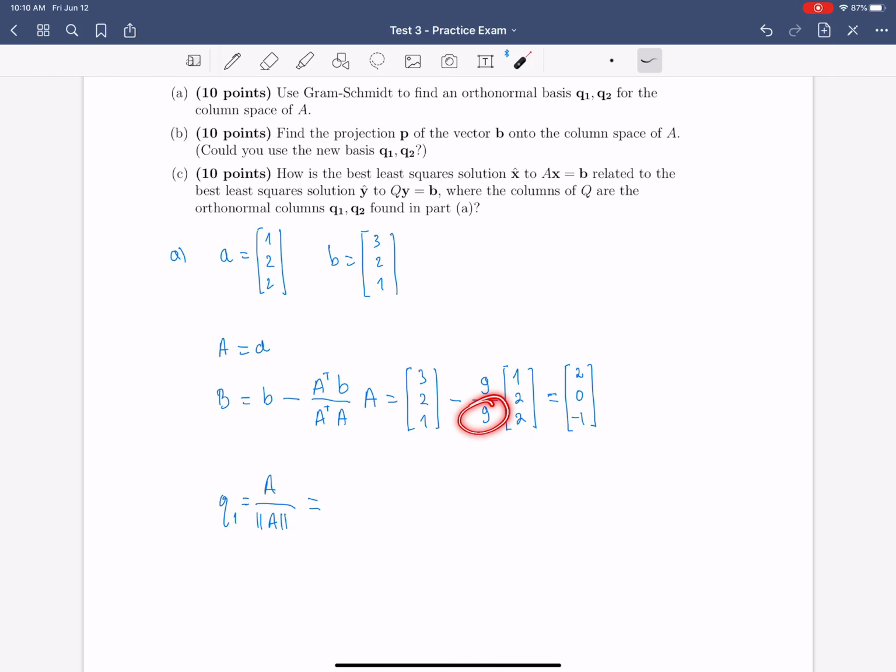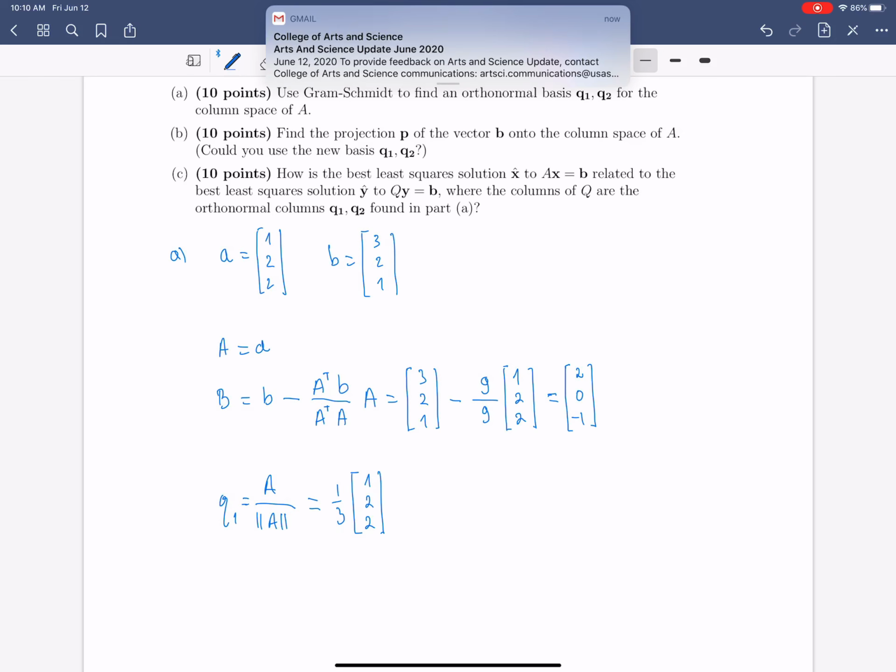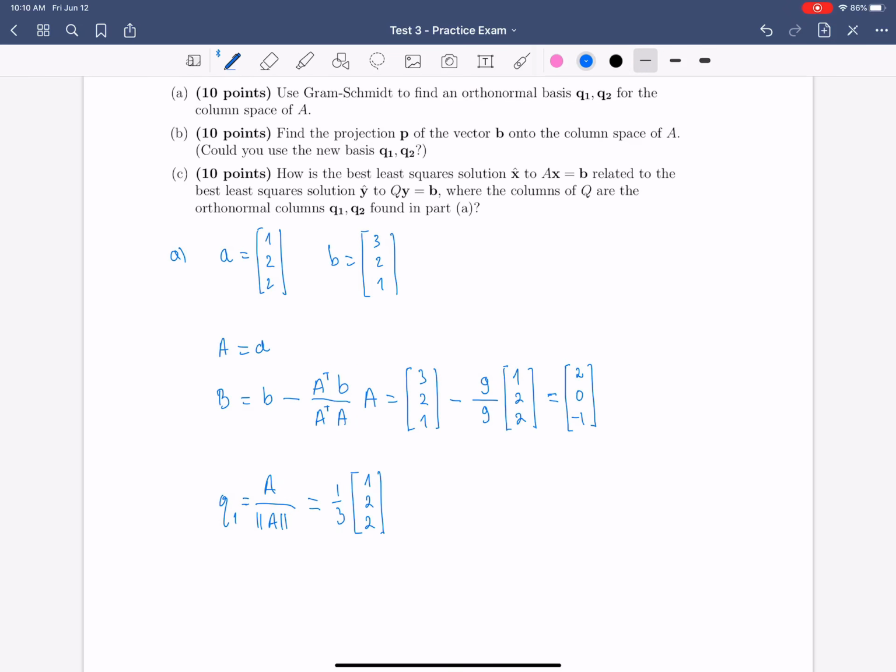So the square of the norm is 9, which means that the norm is 3. So Q1 is simply a third of A. And you're welcome to leave it like this. You don't have to distribute that 1/3 inside the vector. And then Q2 is B over the norm of B.